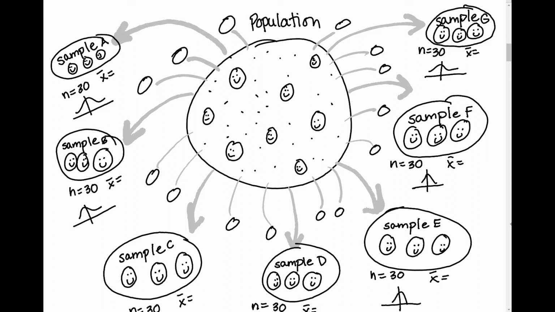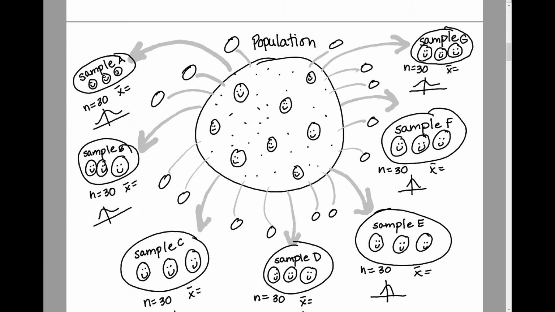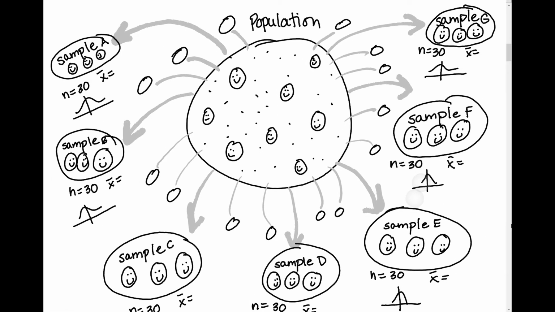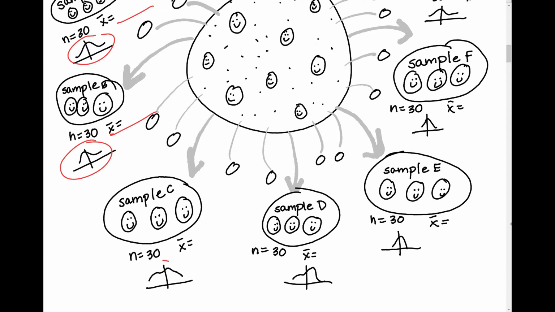But it would be really nice if we could do that and then look at all those many possible outcomes that we get, right? We get this outcome with some certain mean for sample A. This is what it looks like for sample B, and that's the mean we get. Here's what sample C looks like with the mean, and so on. We take just a bunch of different random samples.